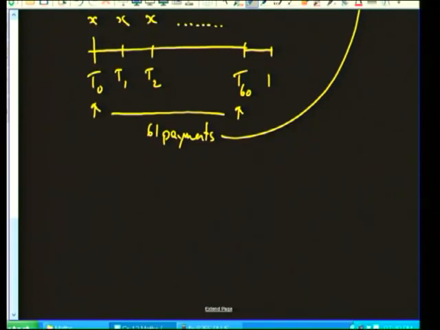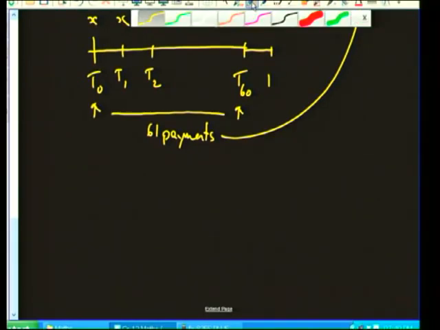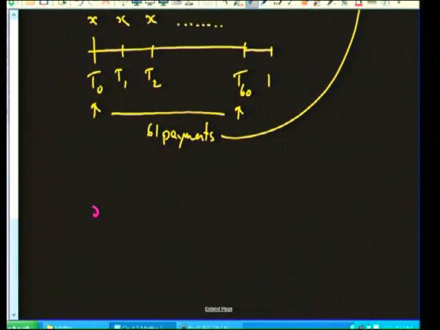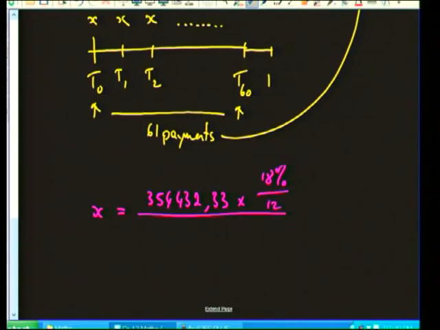Putting our numbers into a calculator, we can get that X is equal to our 354,432.33 times 18% over 12, and that's over our 1 plus 18% over 12, all to the power 61 minus 1.